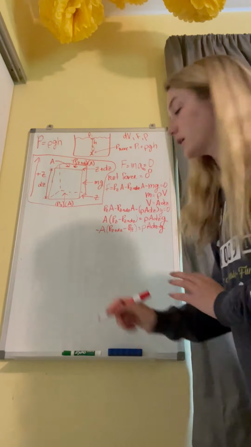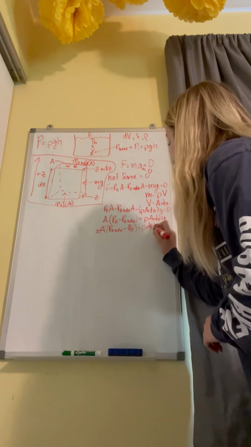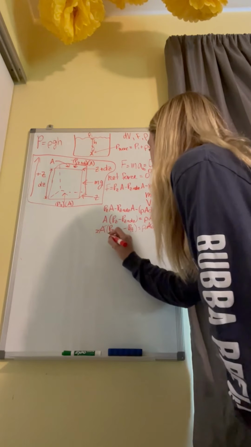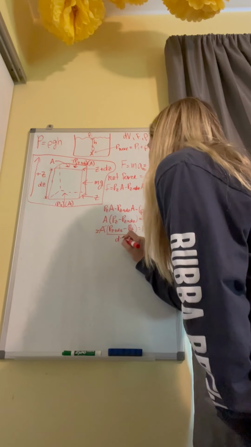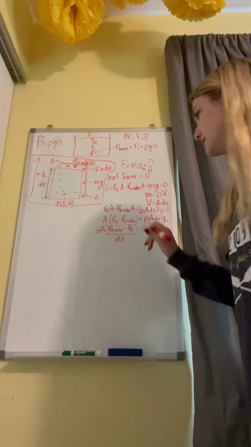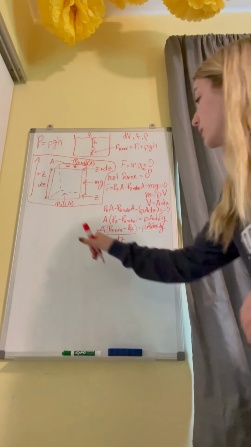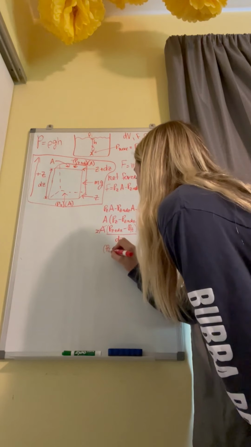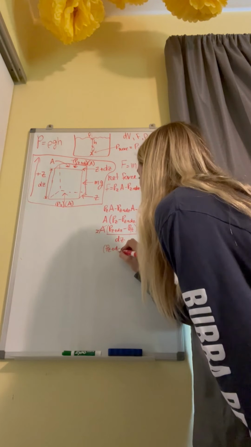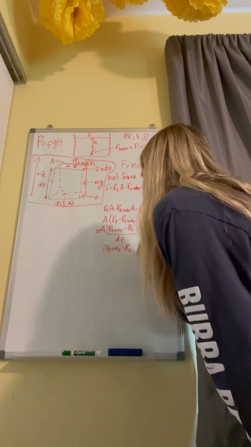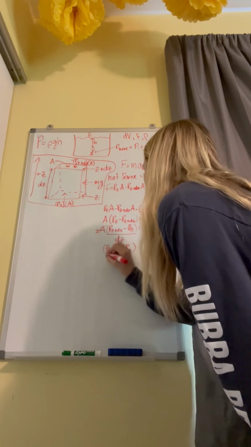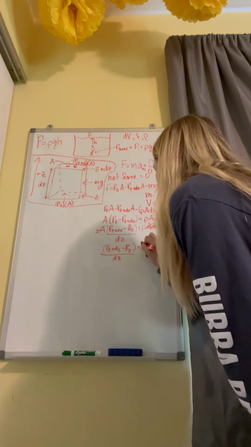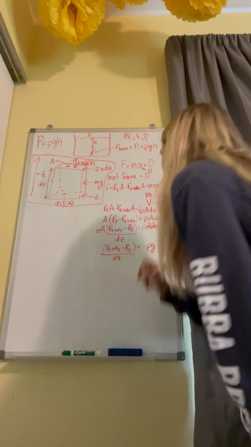So now if we look, these two A's can cancel out, and then we're going to bring dz over to the other side. So this is going to be divided by dz, so dz isn't on this side anymore. We are also going to bring this negative sign over, so we are going to end up with P(z plus dz) minus P(z) all divided by dz, and this is all going to be equal to negative rho gravity.